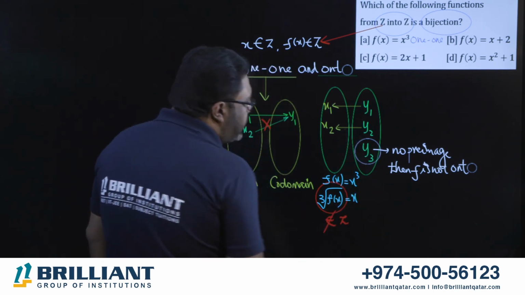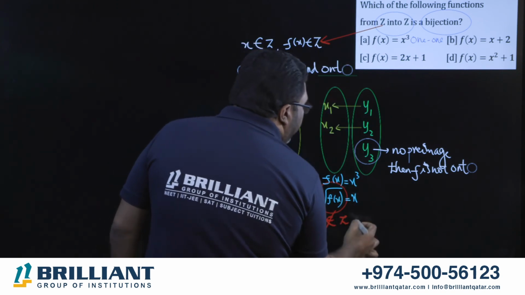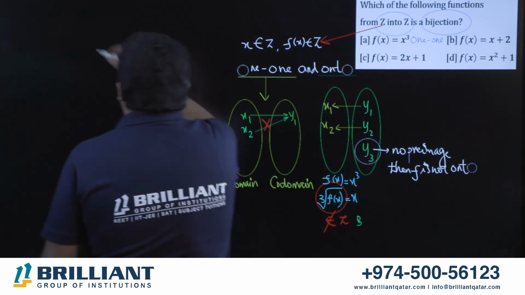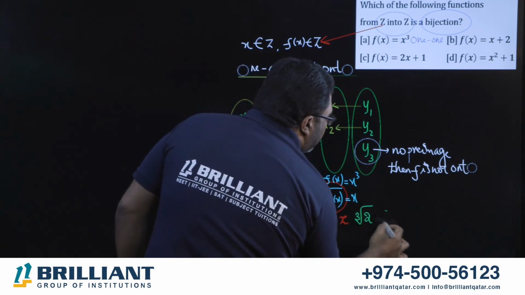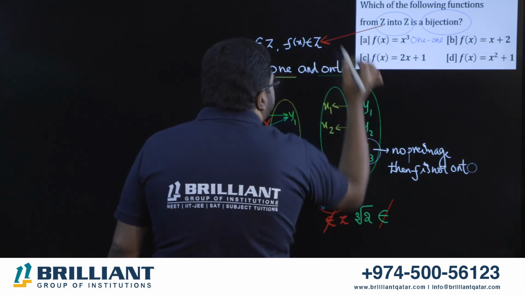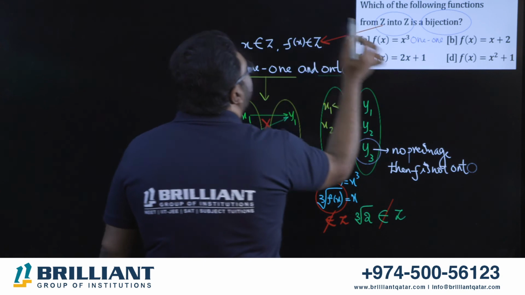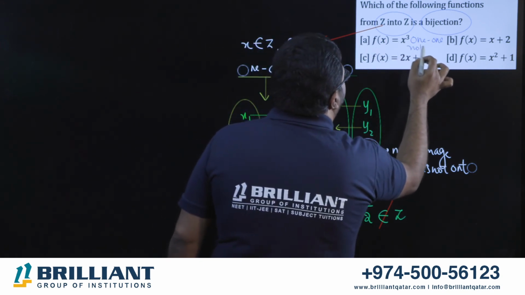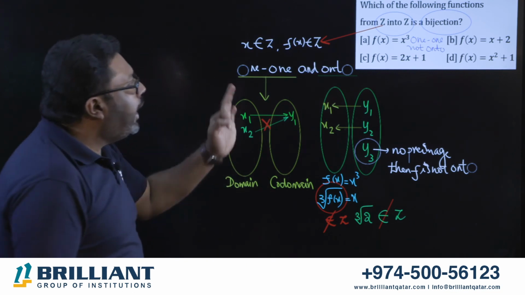For example, the cube root of 2 is not an integer. So it is not onto. So it is 1-1, not onto. So bijection means it should be 1-1 and onto.